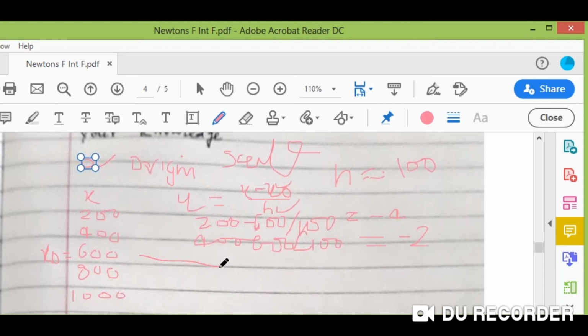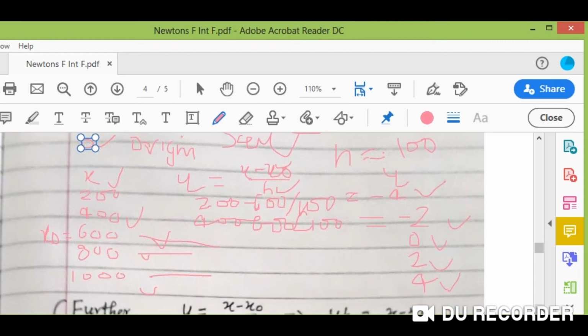Similarly, for 600, by the same formula, you get 0. For 800, you will get plus 2. And for 1000, you will get 4. So this is the new variable. 200 has become minus 4, 400 has become minus 2, 600 has become 0, 800 has become 2, and 1000 has become 4.